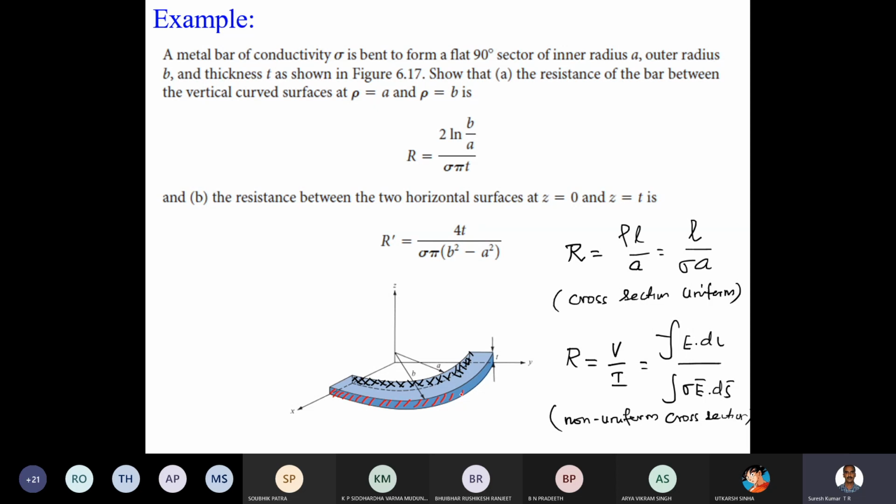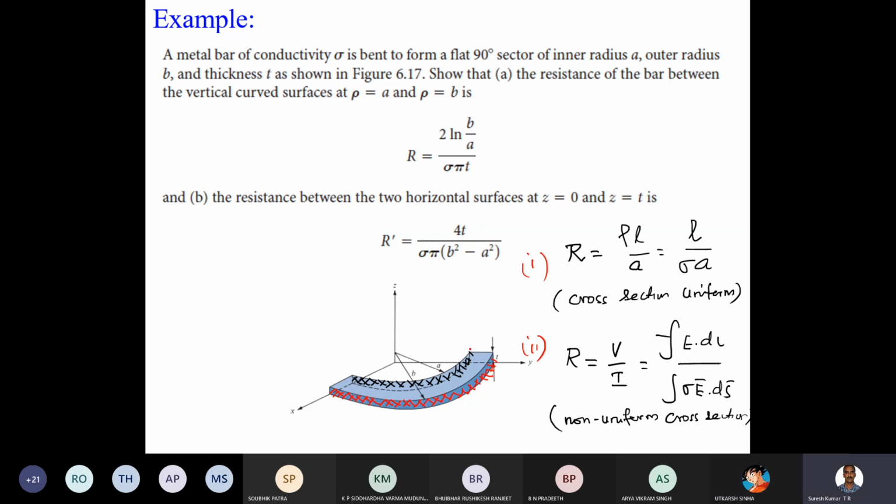So it's very clear that for rho equal to A and rho equal to B you are getting some surface, but they are not of the same uniform cross section. Rho equal to B is quite a bit bigger than rho equal to A, right? So you can't use this formula. You need to go with equation 2. This is the only way, right? Is it clear?